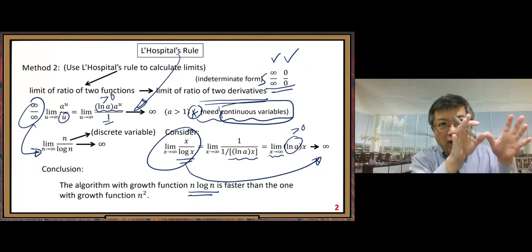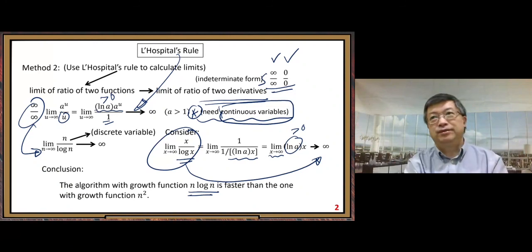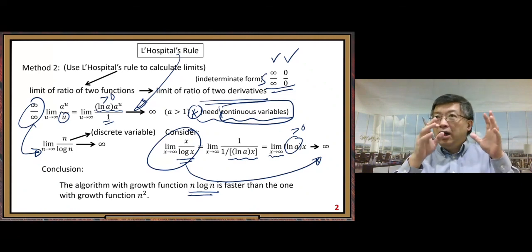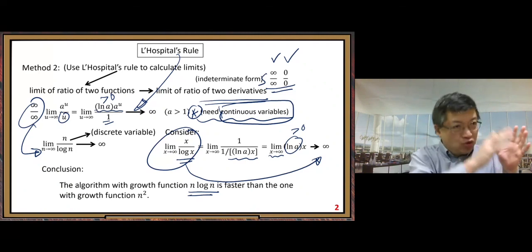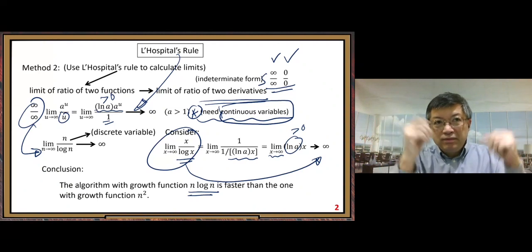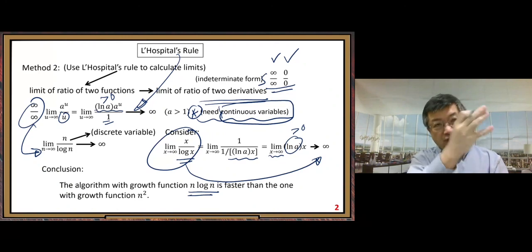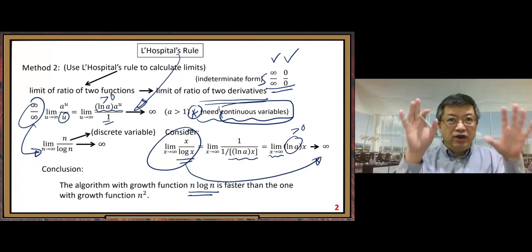Method 1 is much slower than method 2. So that tells us another conclusion: our investment to sort the data is worth the cost. So it's a good investment. All right, so let me finish this part.